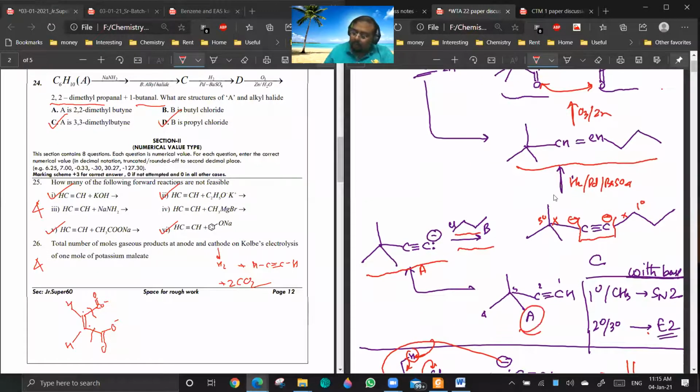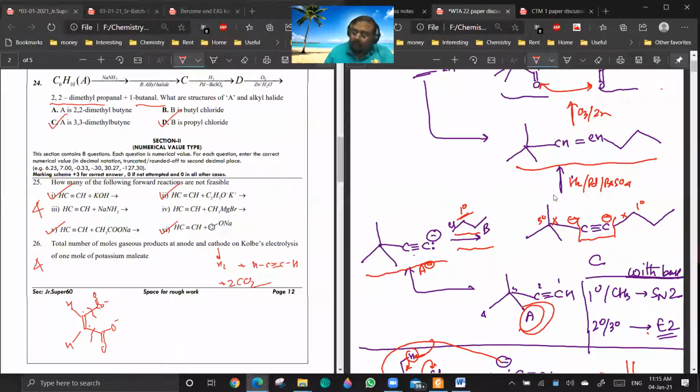So this part is the alkynide ion part, which can act as a base, and this will be the 1 degree halide which you are talking about.